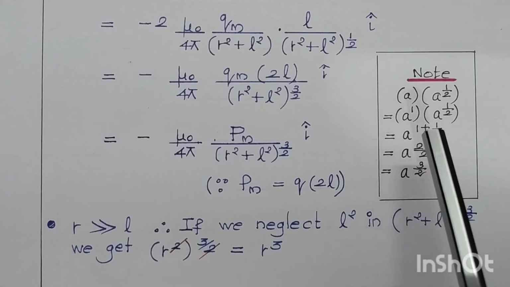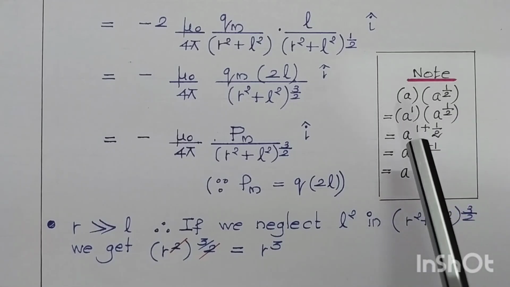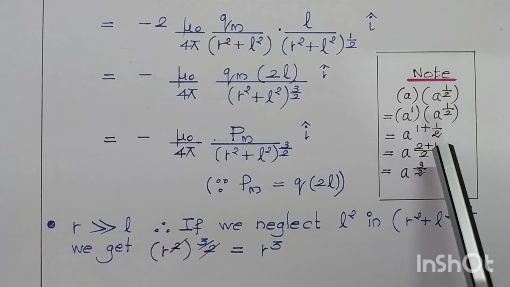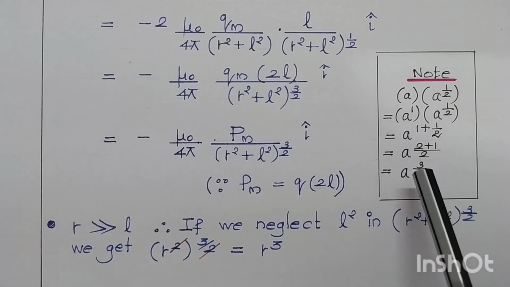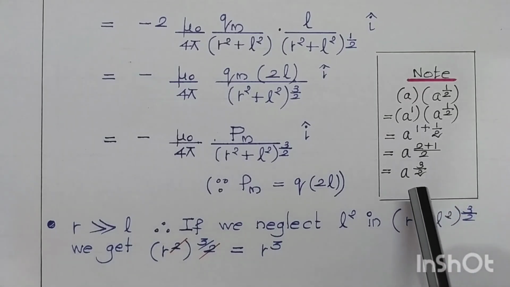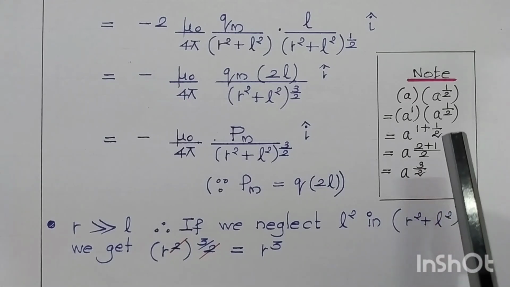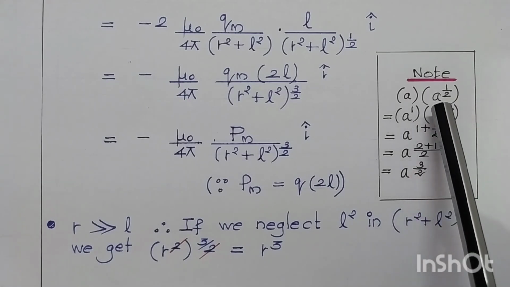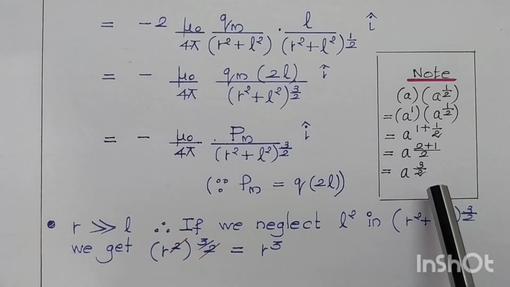Here bases are same, so powers get added up, which is equal to a power 1 plus 1 by 2. Now take LCM or cross multiply: it becomes (2 plus 1) by 2, which is equal to a to the power of 3 by 2. So a into a power 1 by 2 gives us a to the power of 3 by 2.